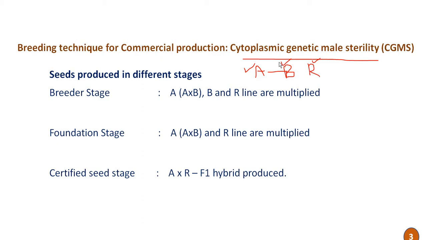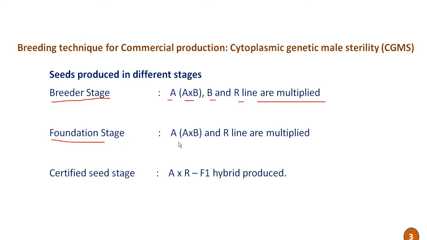So by using this three-line system, the hybrid seed is produced in case of rice, and the CGMS system is widely utilized in the hybrid seed production of rice. The different seed classes produced at the different stages are: in breeder seed, the A, A into B, B and R lines are multiplied.